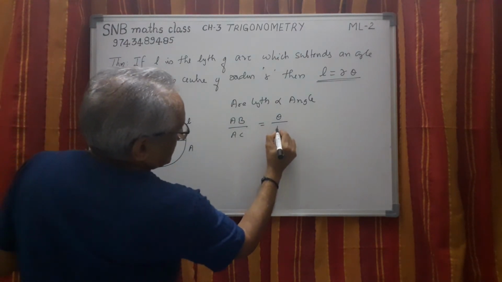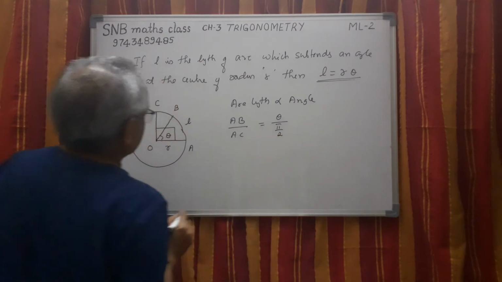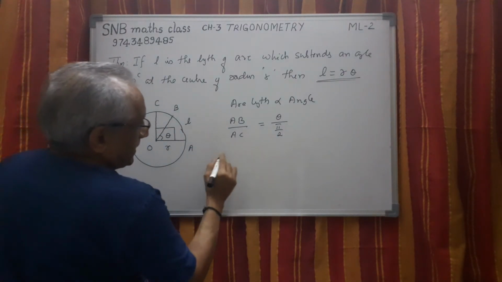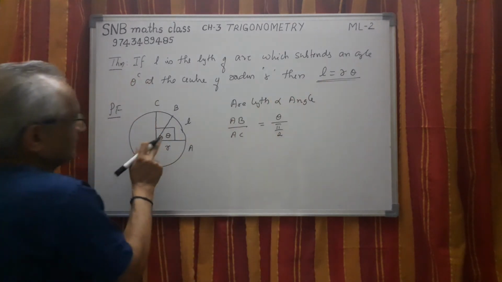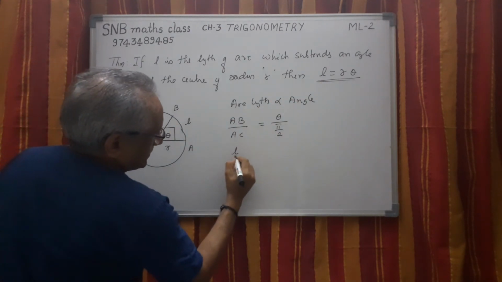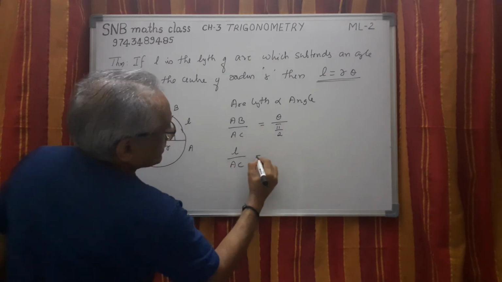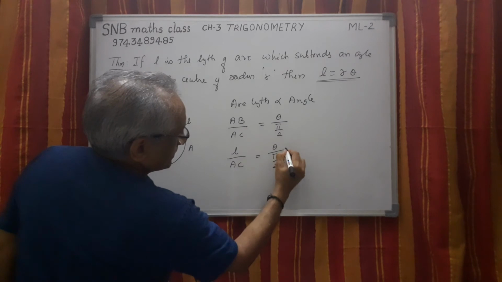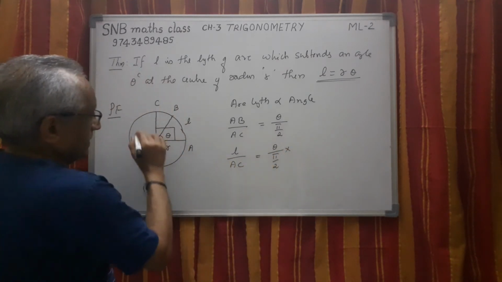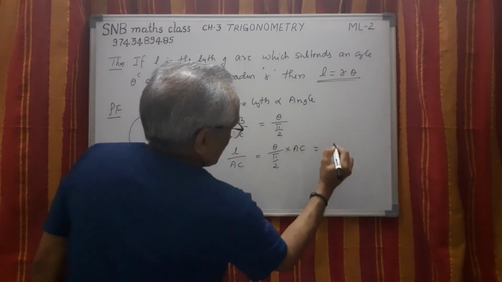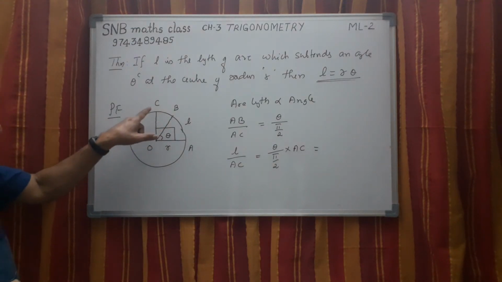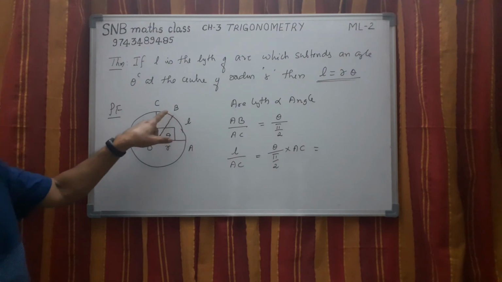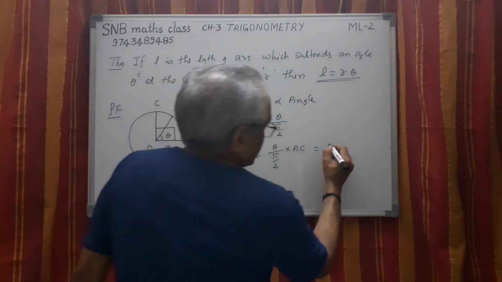This is actually pi by 2, because 90 degree means pi by 2. AB you know already, AB is L. So L by AC equal to theta by pi by 2. But now, what is the arc length of AC? This is 1/4 of the entire circle. This we have done already. So this is theta.